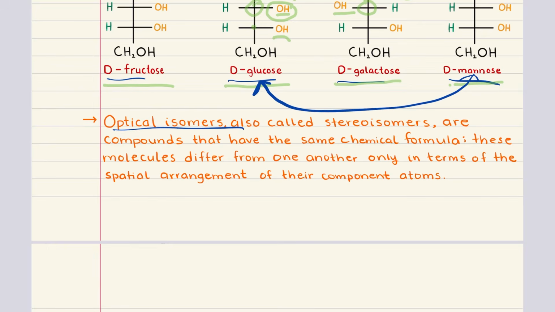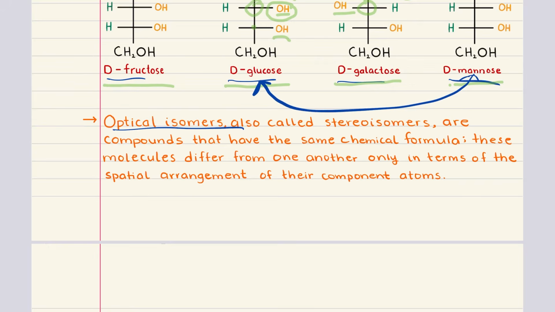These are molecules that are going to have the same molecular formula and the same atoms connected in the same order, but they're only going to differ in how those atoms are arranged in 3-dimensional space. And that difference can really have major effects on how the molecule behaves in biological systems.